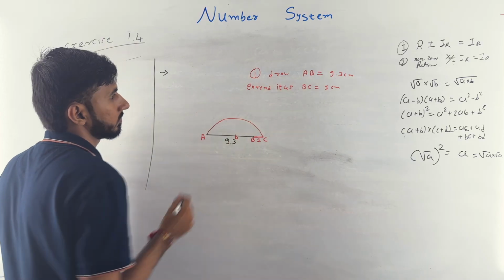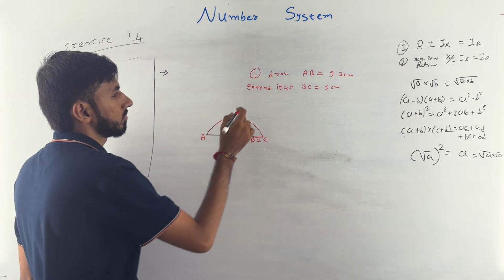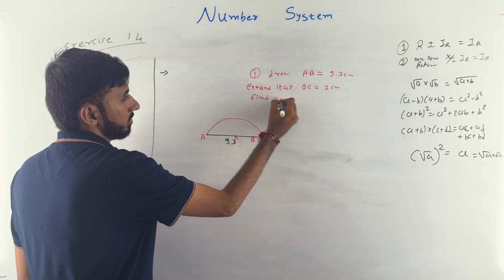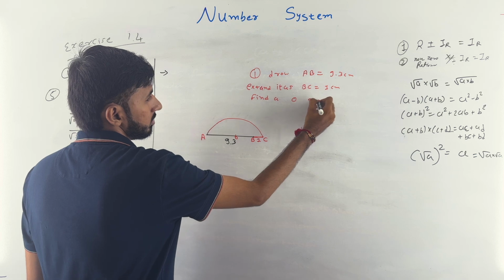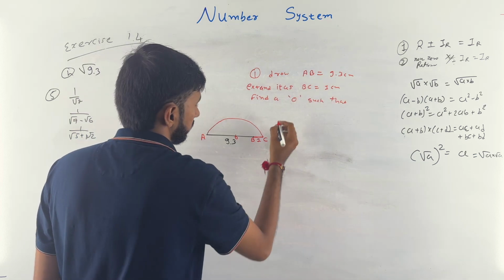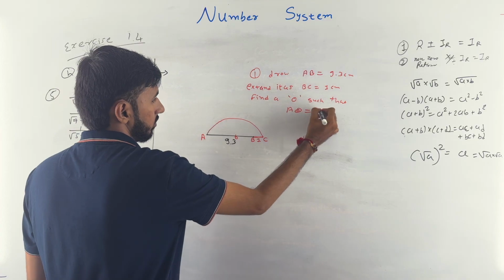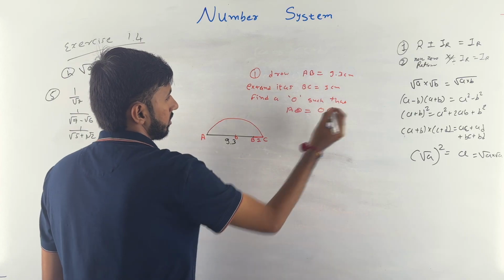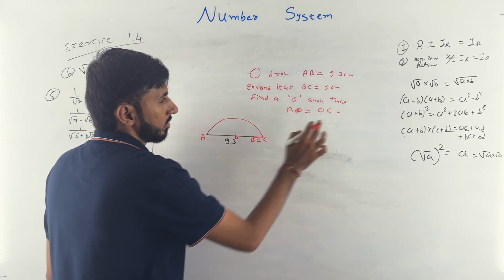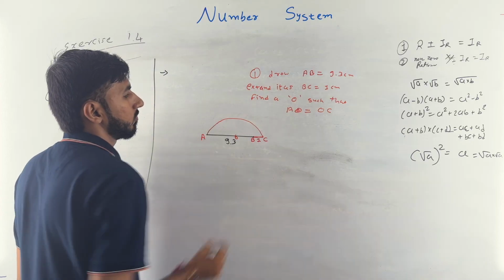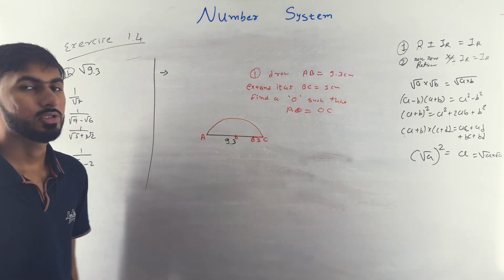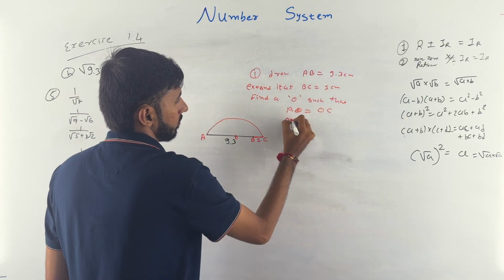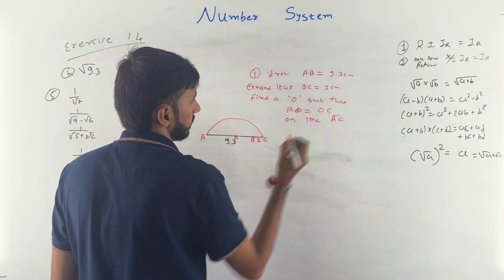Now find an O such that AO equals OC. O is the middle point of A and C on line AC.